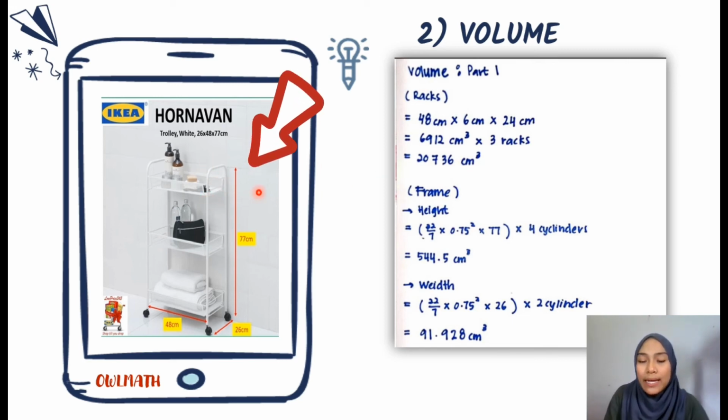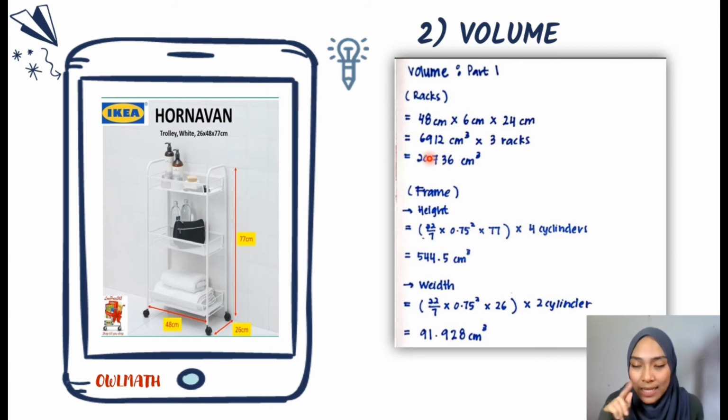We get 6,912 cm cubed. We times 3 racks, so we get 20,736.